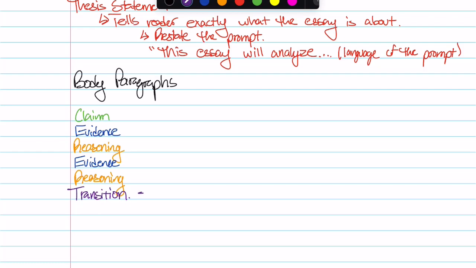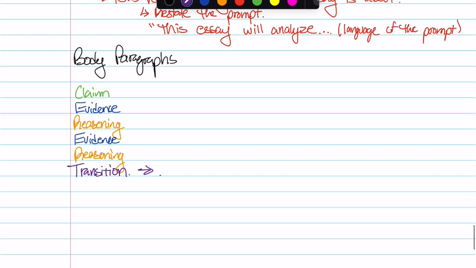And some of those transitions can start off like, although, right? Although 1, 2, 3. Okay, another example could be something like, although or even such. Or, let's see, how else could you write a good transition?